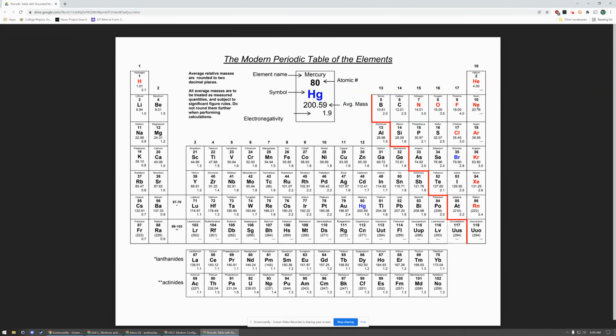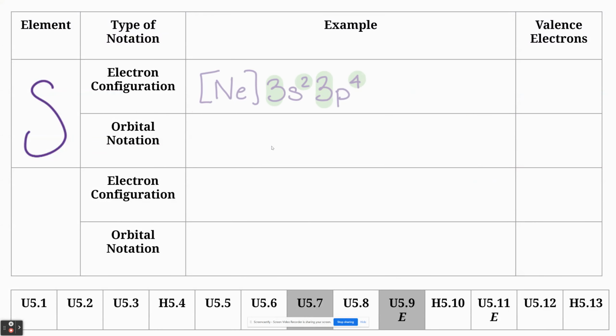So I go to neon right away, and then I just go across the third row to get to sulfur. So I'm going to say neon, and then 3s2 for these two, and then 3p, 1, 2, 3, 4 to get to sulfur. So when I write that, I have neon, 3s2, 3p4. So just writing neon here saves me writing out the first couple rows.